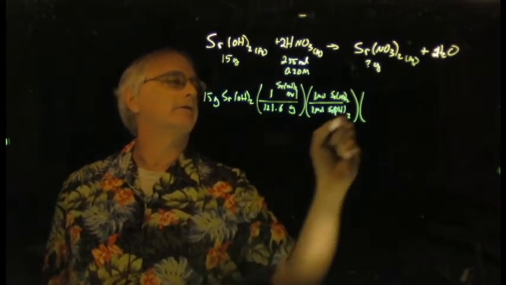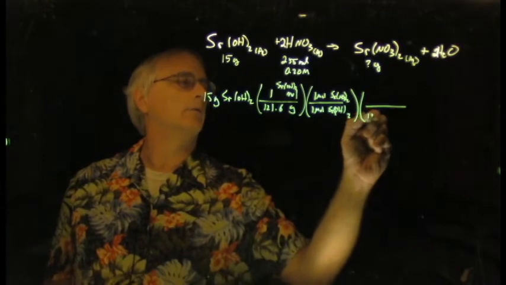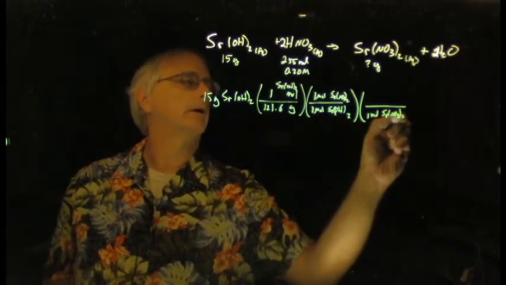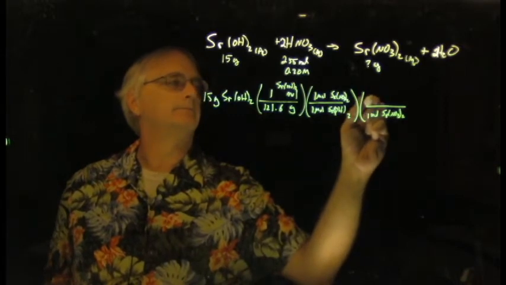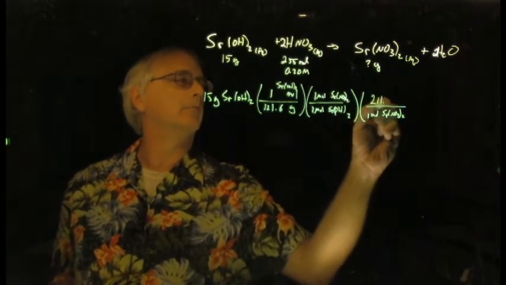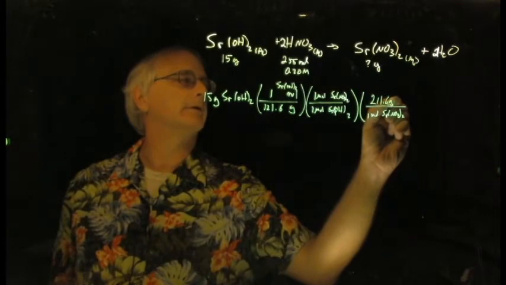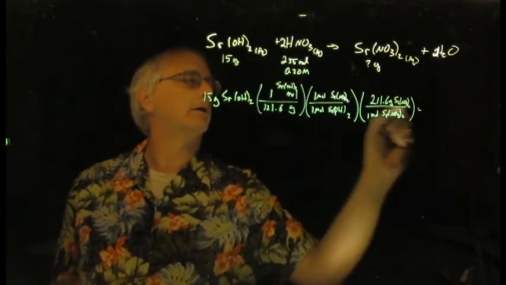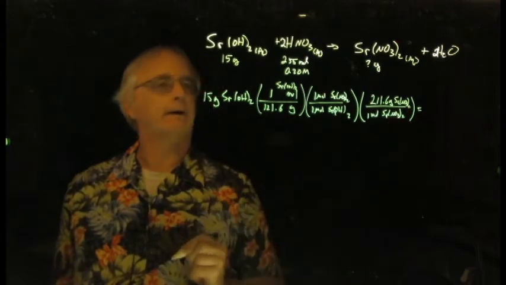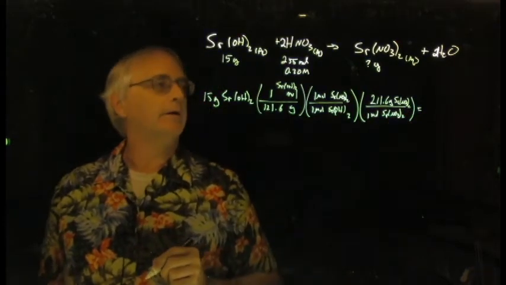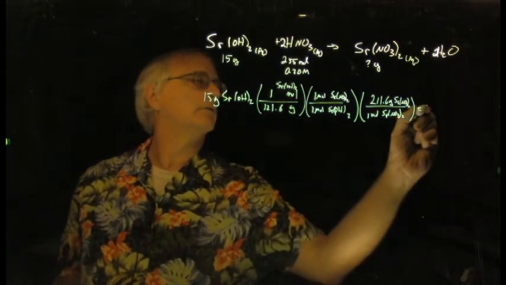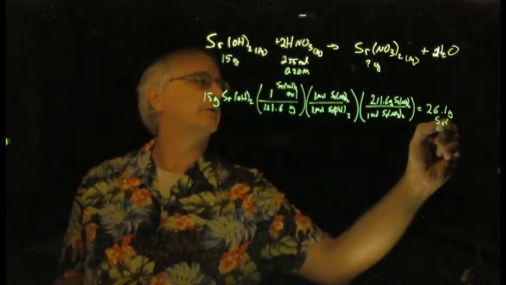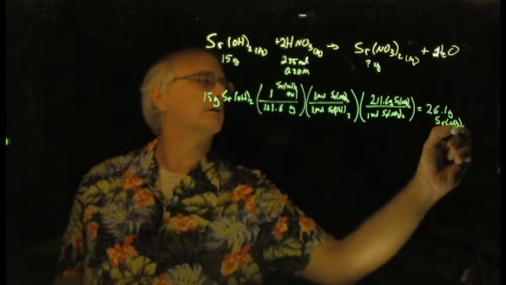And then finally, the third step, 1 mole of strontium nitrate has a molecular weight of 211.6 grams. Okay, strontium nitrate. So we start punching away on the calculator, and what we're going to come out with here is 26.1 grams of strontium nitrate.